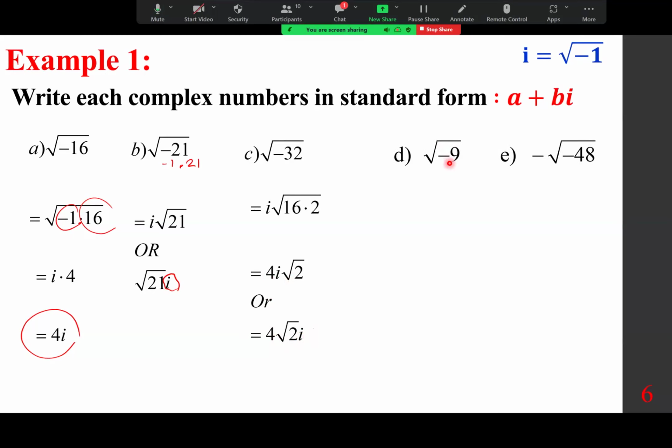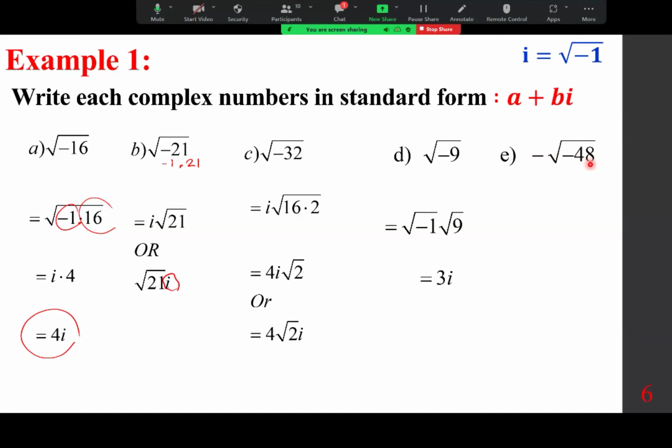How about square root of -9? This negative is replaced with i, and this 9 is replaced with 3. We can rewrite them first and then put it in this format. This negative, so negative square root of -48. This one remains, it doesn't go away. Now, this square root of -1, we can separate them and change them to i.